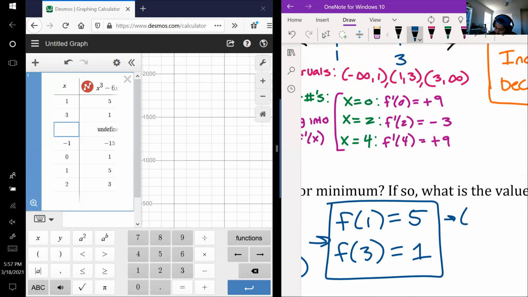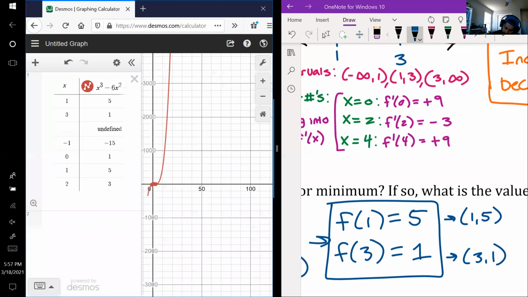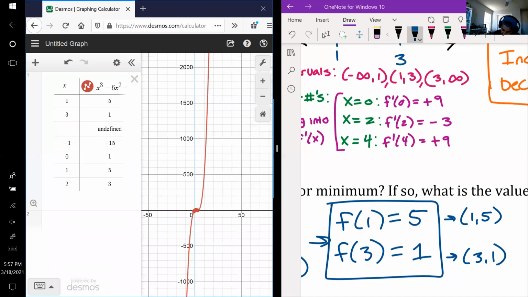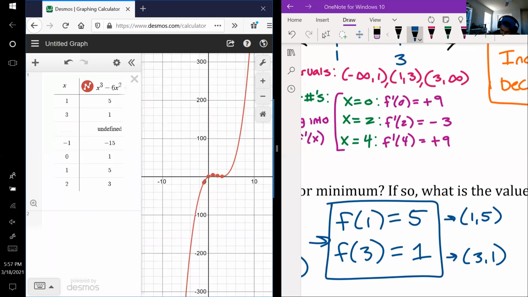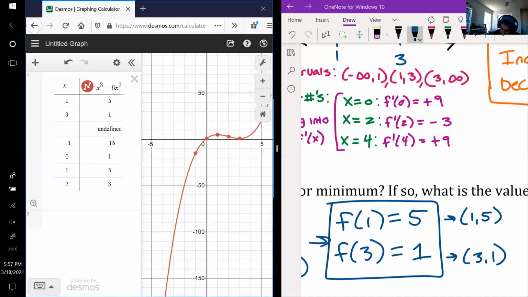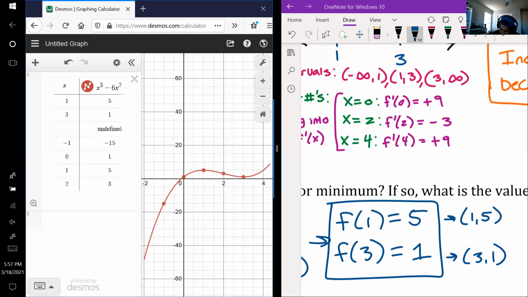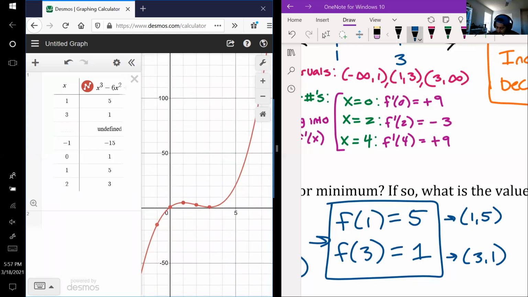So these are the points (1, 5) and (3, 1). Okay. I'll leave that like that.